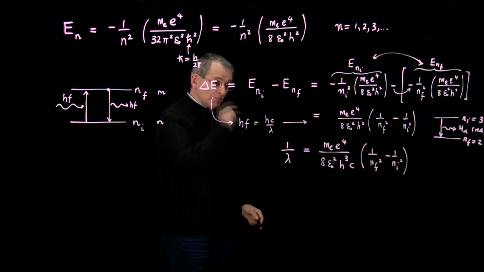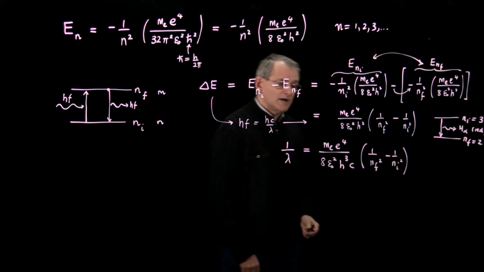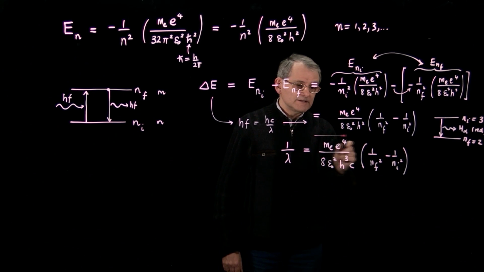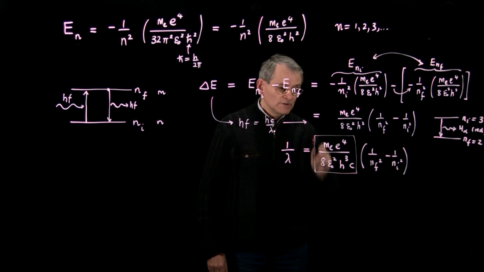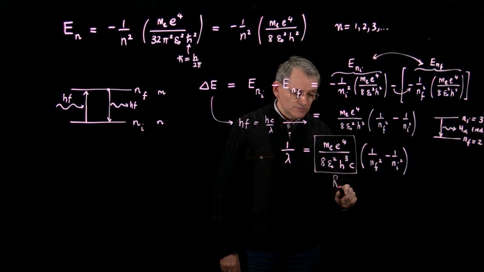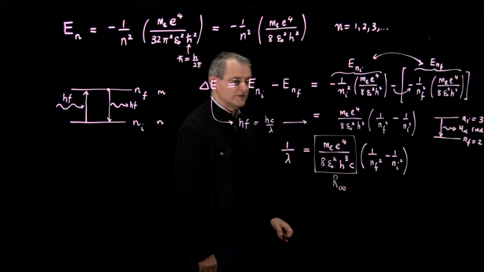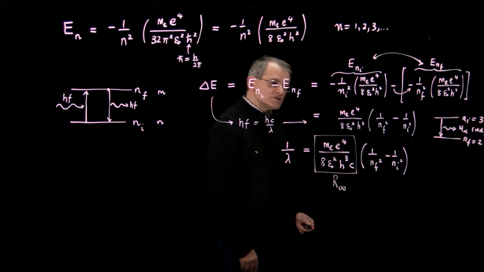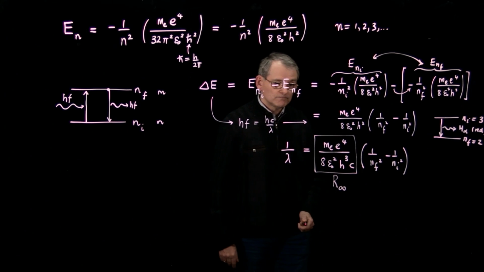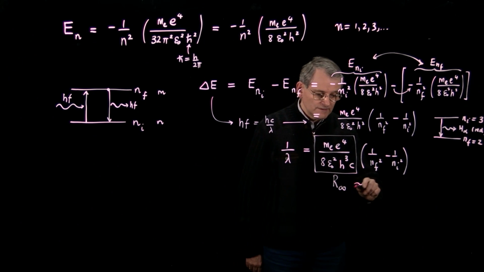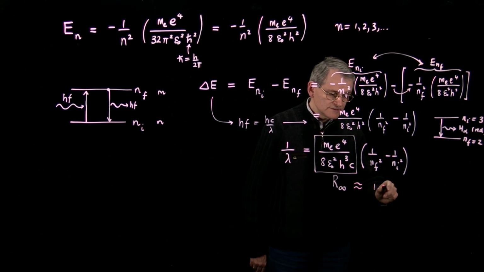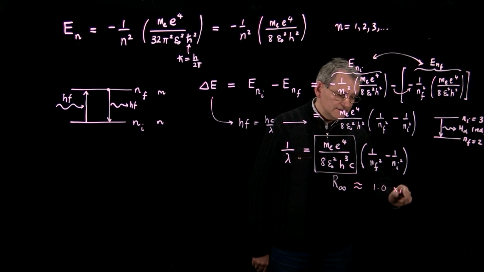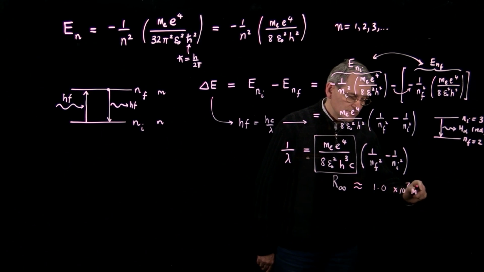If you go back and look at the PowerPoint slides, this constant we give the symbol R infinity, and I'll explain the infinity in a second. It's the Rydberg constant, and it can be measured experimentally. It's roughly 1.0 by 10 to the 7 meters to the minus 1.